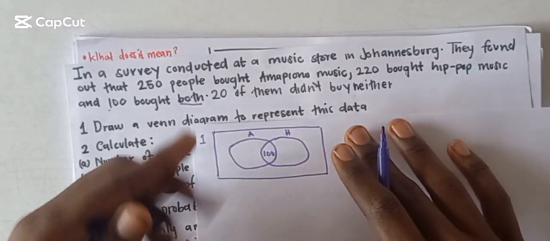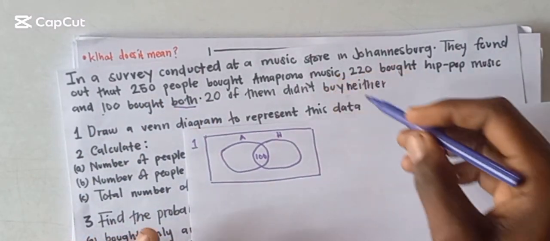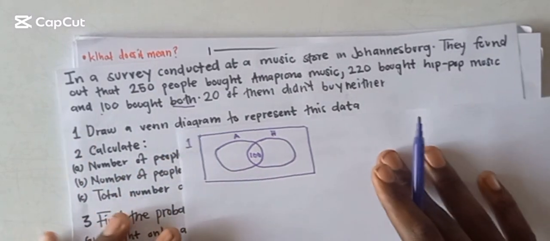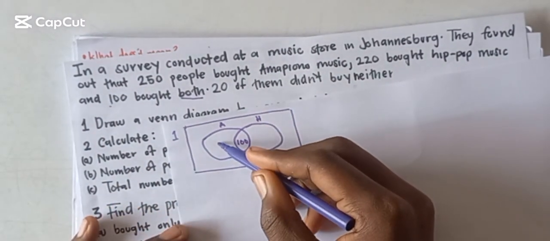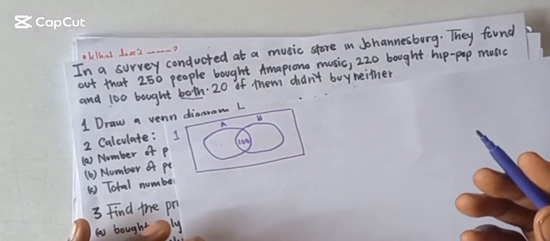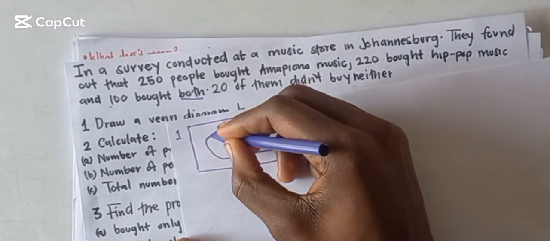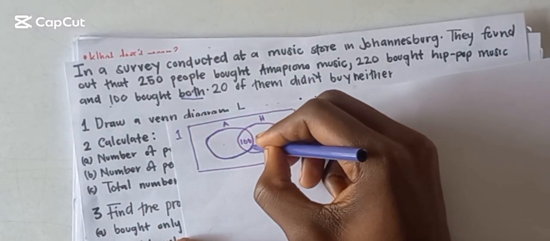Now we're going to fill in the one for amapiano, where 250 people bought it. Are we going to write the 250 here? No, we're not. Why? Because inside this circle of A, there are already 100 people.